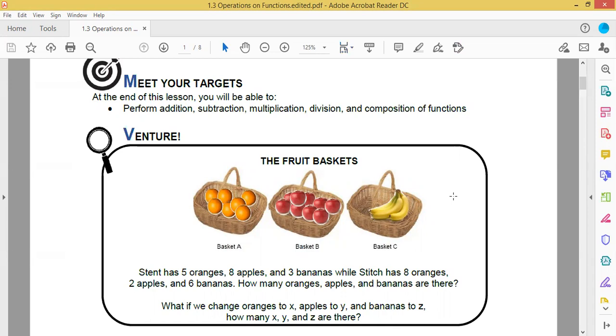For apples, 8 plus 2, that's 10 apples, or we say 10y. For bananas, we have 3 plus 6, that's 9 bananas, or 9z.